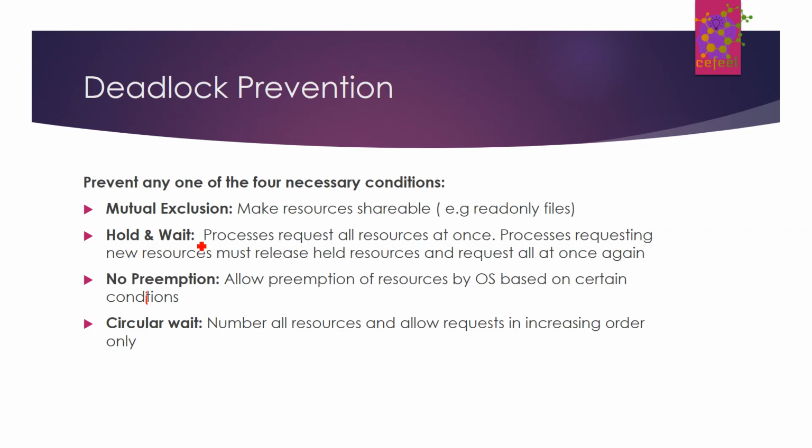So if the processes, let's say P1 is allocating resources 2 and 4, and P2 is allocating 1 and 3, they have to request them in order, which means first P1 requests for 2, then only it requests for 4. P2 requests for 1, and then only it requests for 3.